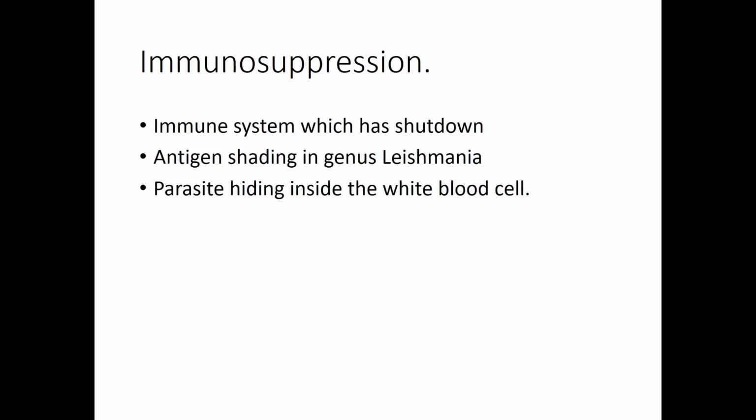Then some parasites are very funny. They have a habit of hiding inside the phagocytes or the white blood cells. Once it hides there, it's very hard for the phagocyte to engulf it or to recognize it. So they are very, very funny. We shall expound more on immunosuppression when it comes to looking at mechanisms which parasites use to invade the immune system.